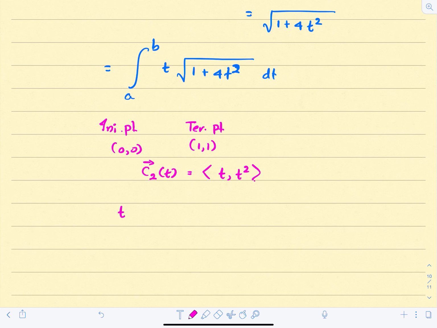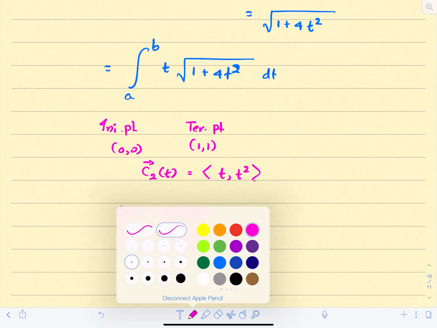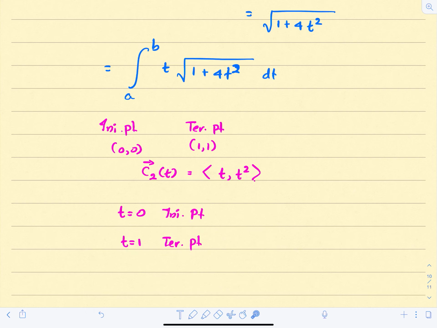Therefore t equals 0 corresponds to the initial point, because if t equals 0, you will get the point 0 comma 0, which is the origin, and t equals 1 will give you the terminal point, because when t equals 1 you will get the coordinate 1 comma 1.